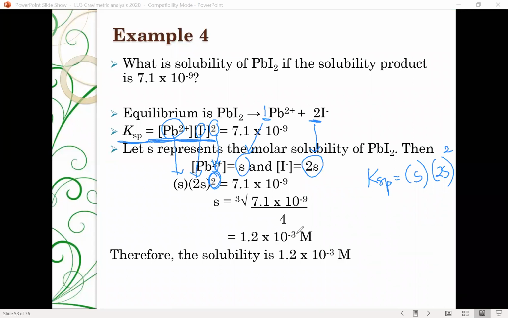So from here, you can get the solubility, which is 1.2 times 10 to the power of negative 3 molar.